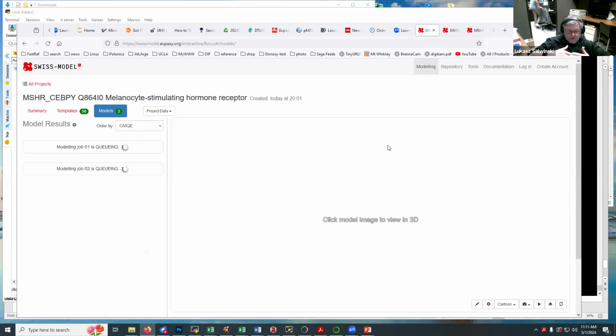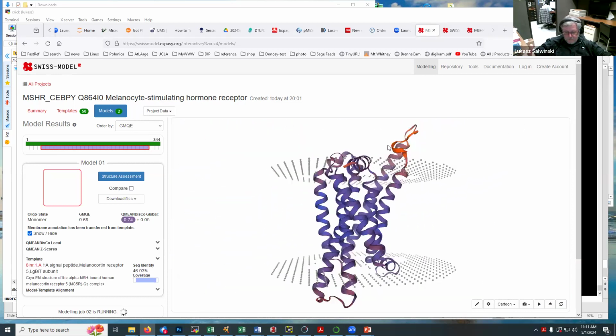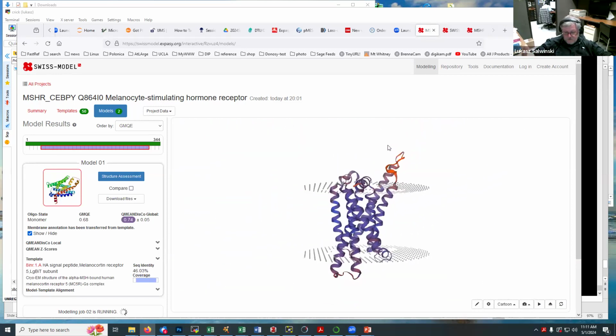And now, after picking up our starting models, the Swiss model is going to convert the structure of the model to a structure that will have our residues of interest, our sequence mapped into the template.